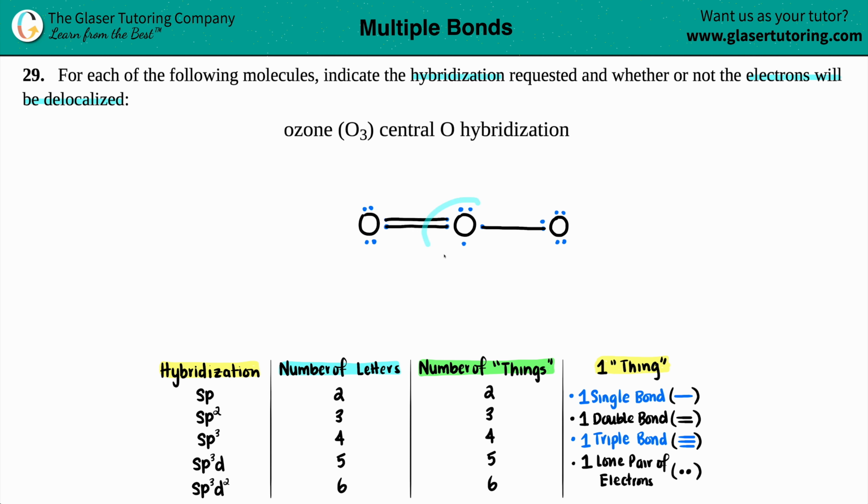Now this other oxygen has 2, 4, 6, 7. Same issue. But now I see that I have 2 dots, so maybe I can do the same thing. If I make a double bond, this oxygen's all good. But is the central oxygen good? Not really, because it's got 2, 4, 6, 8, 10 electrons. Oxygen is not one of those elements that can have the expanded octet, meaning more than 8 electrons.